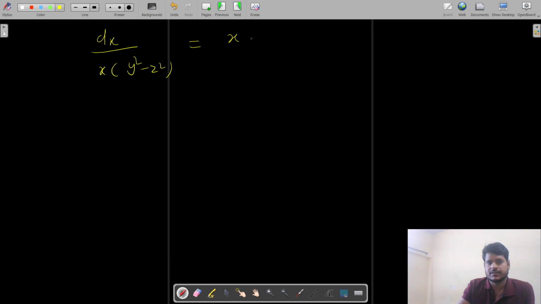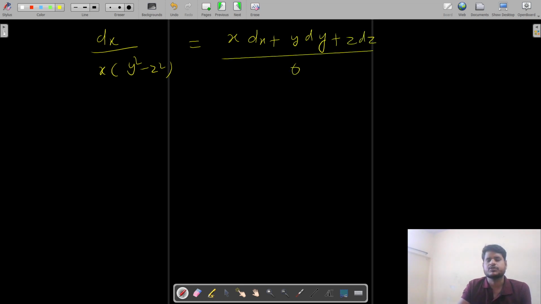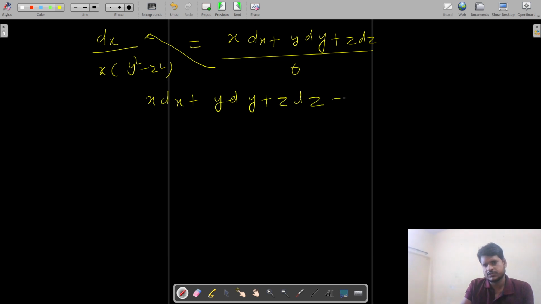This becomes x dx plus y dy plus z dz, and we have the value 0. Now you can make this also 0, since something upon 0 is... that is, 0 upon something is 0. So we have x dx plus y dy plus z dz equal to 0.